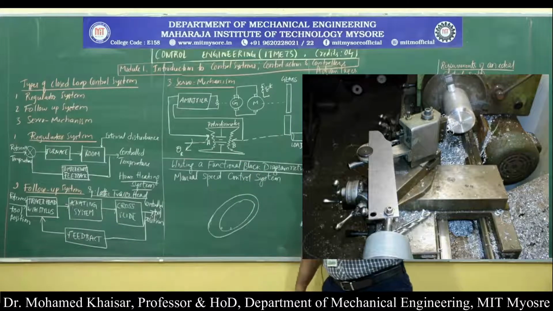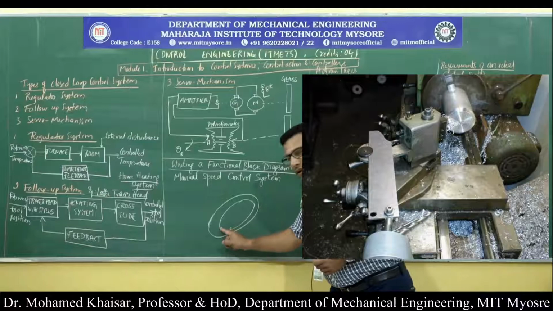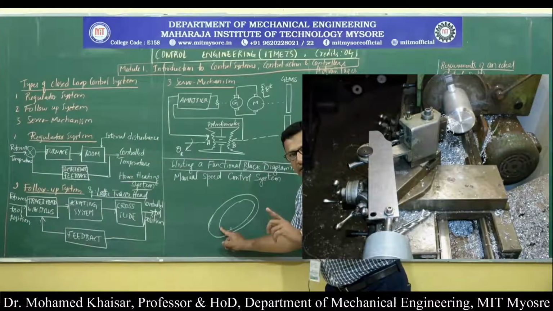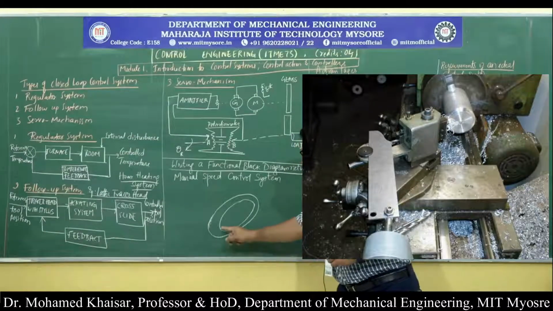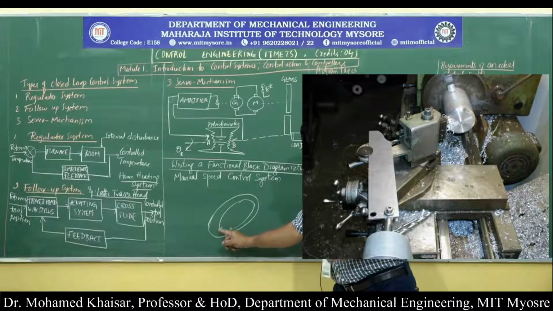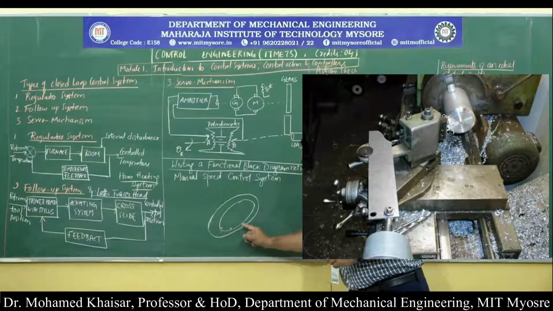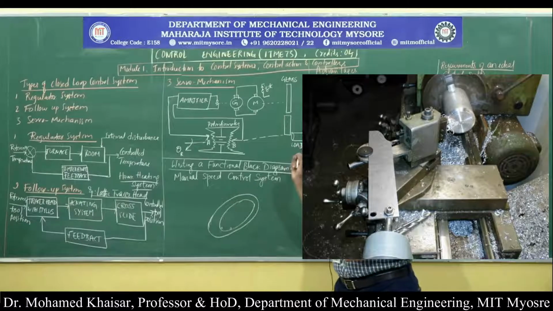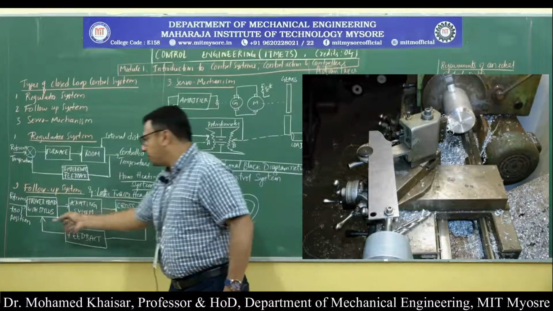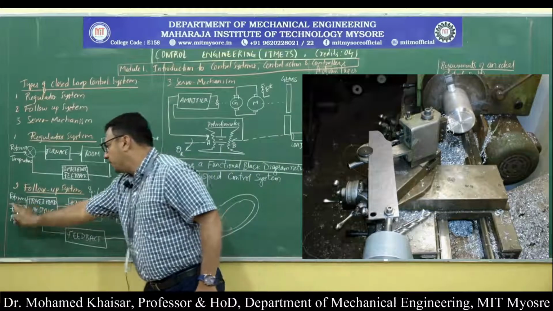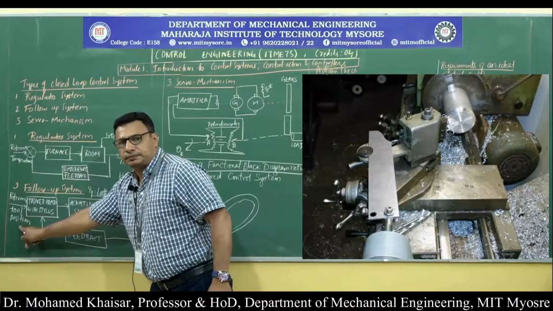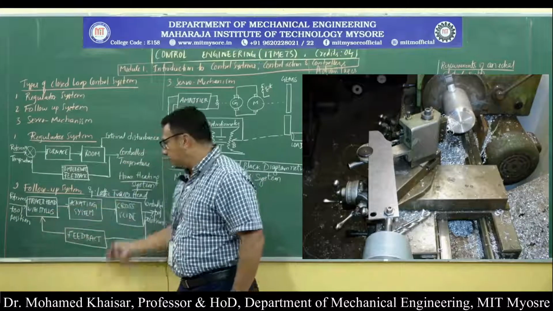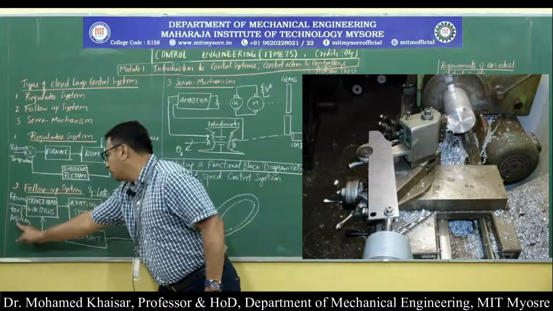And as per the definition of follow-up closed loop control system, the input, in this case in the lathe tracer head mechanism the position of the cutting tool, varies with respect to time. So here is an illustration. See, the reference input to the system is the tool position.